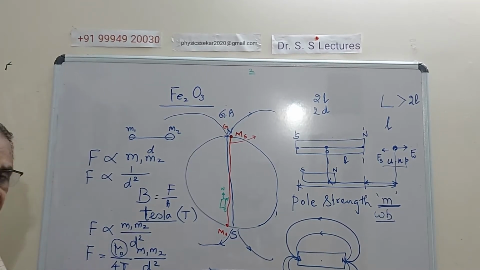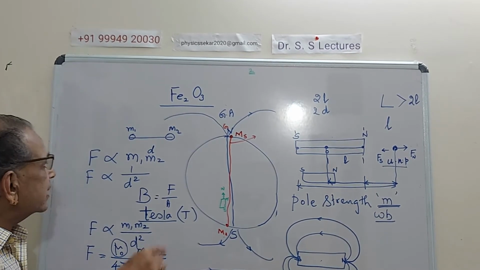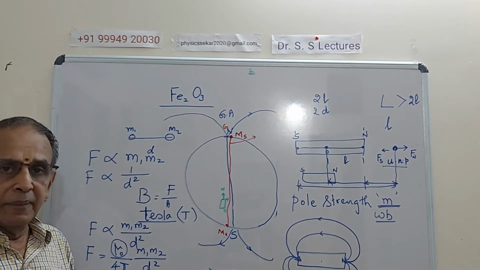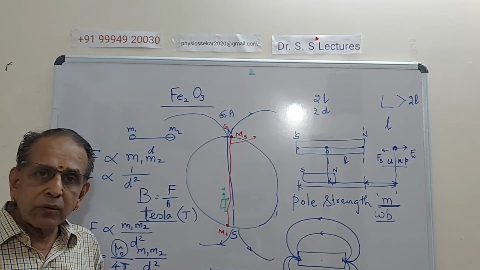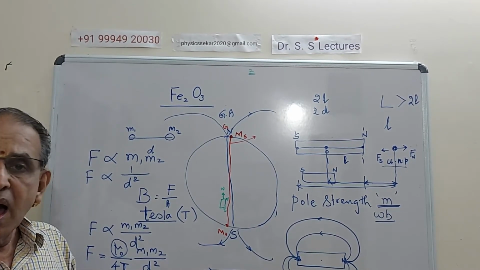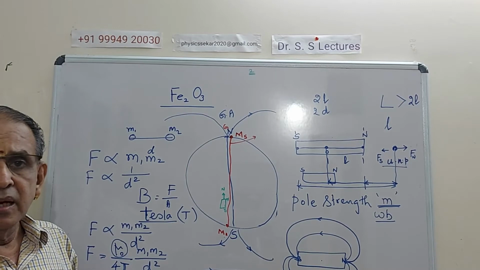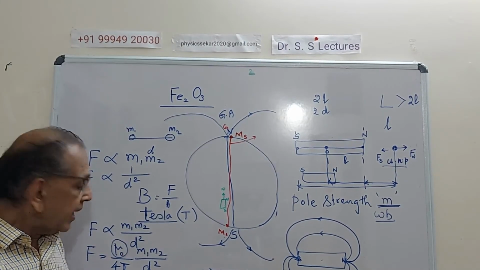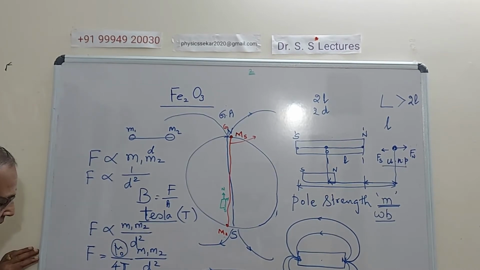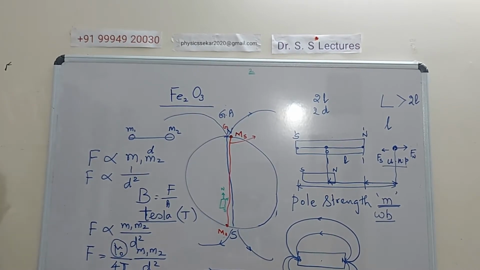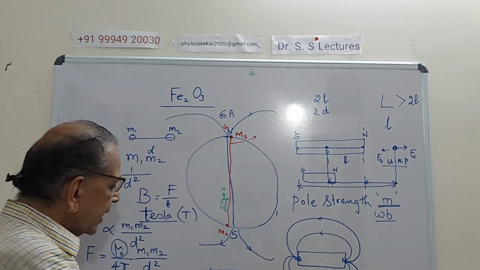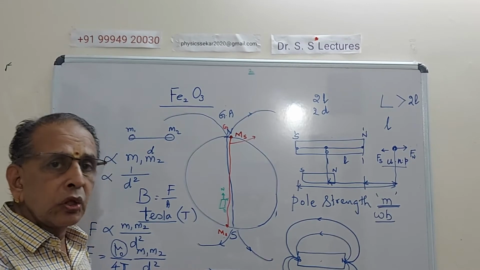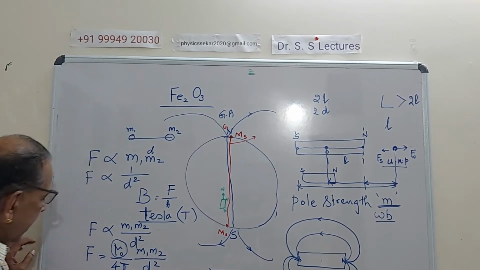The force is that which acts between this pole and this pole, in a medium. The medium may be vacuum or air, or any other medium different from air or vacuum. In general, the ability of these magnetic lines of attraction or repulsion to pervade through a medium is called permeability.